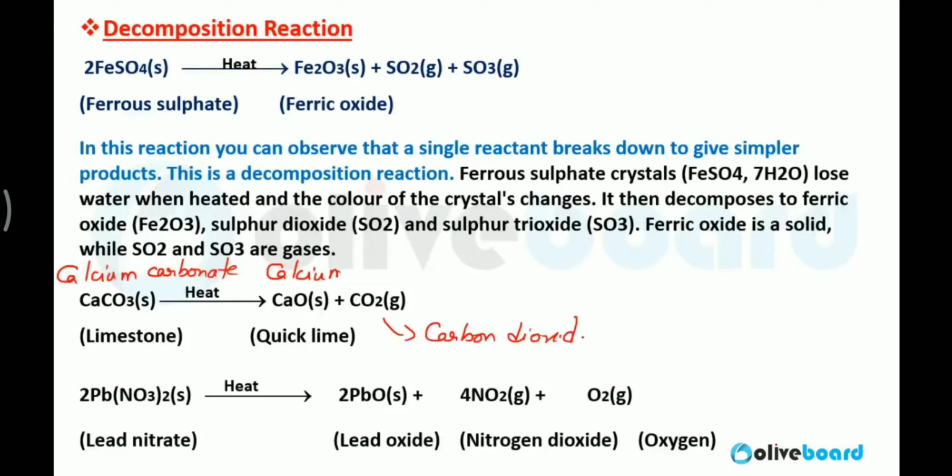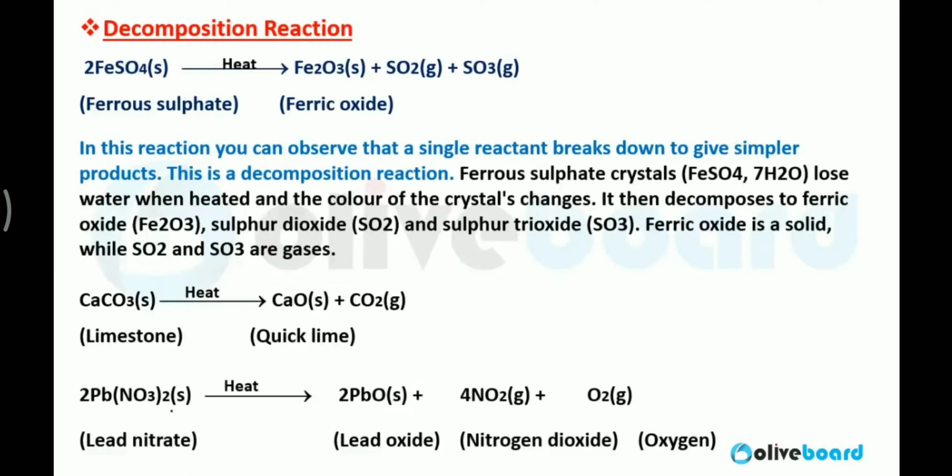So again, you are getting two products from a single reactant, which means this single reactant, limestone or calcium carbonate, decomposed when you heat it. It converts into calcium oxide and carbon dioxide. So a single reactant is changing into two or more products. This is an example of decomposition reaction.